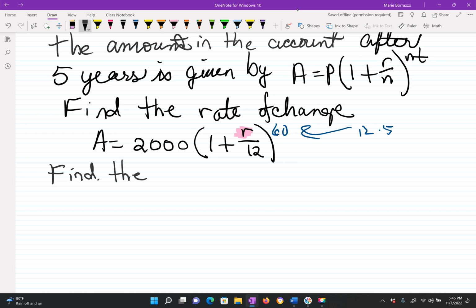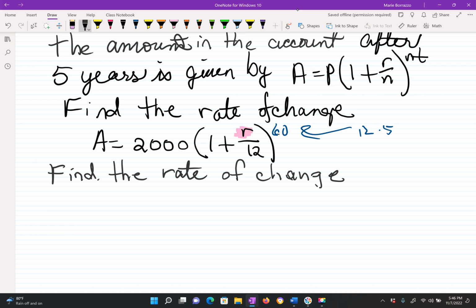They specifically want to find the rate of change. The rate of change. You're not thinking wrong.